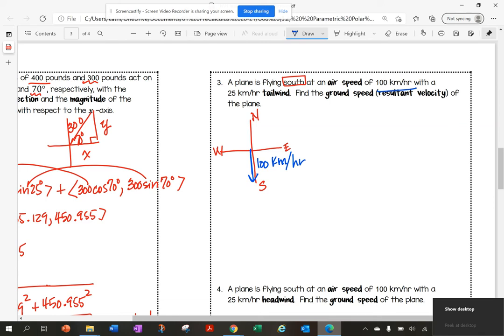With a 25 kilometer per hour tailwind. So tailwind means the wind is the same direction as the object, okay?